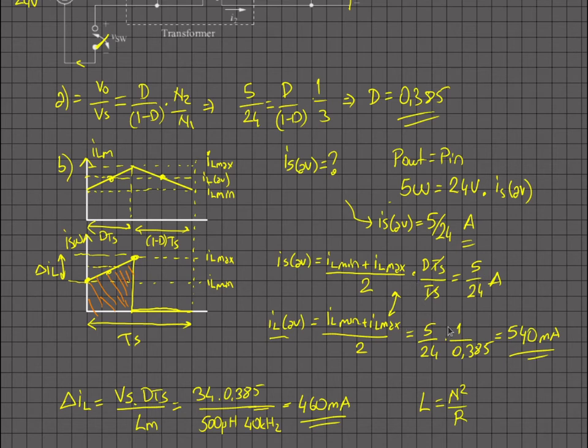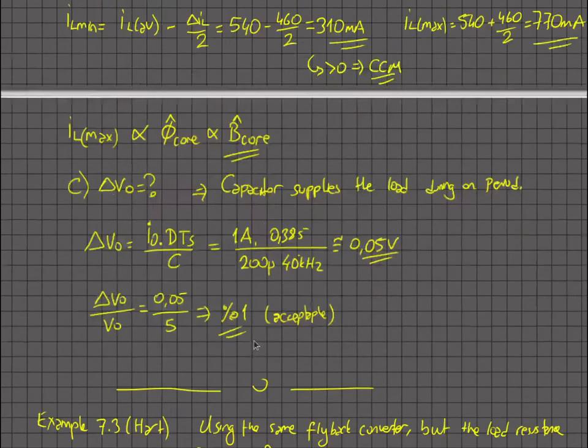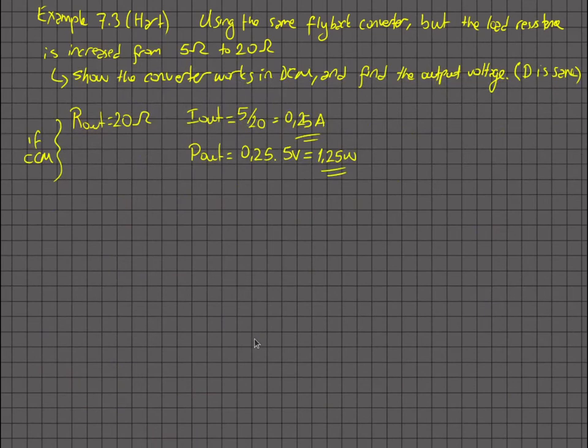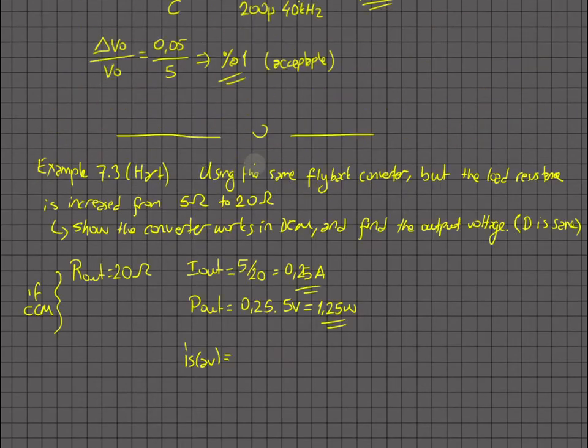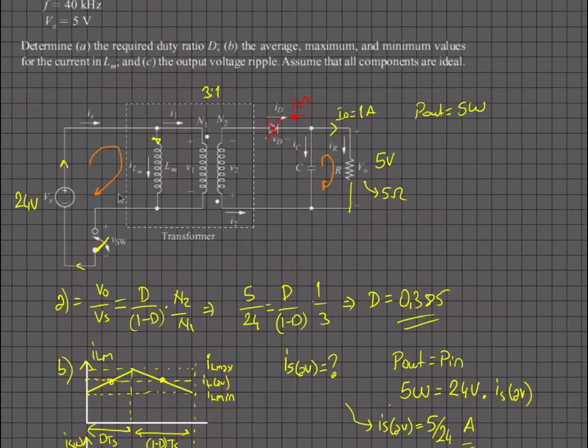So again, let's do the same thing using the new numbers. Let me calculate the IS average. I have 24 volts here, and I assume the same output power is going to be drawn from the input.